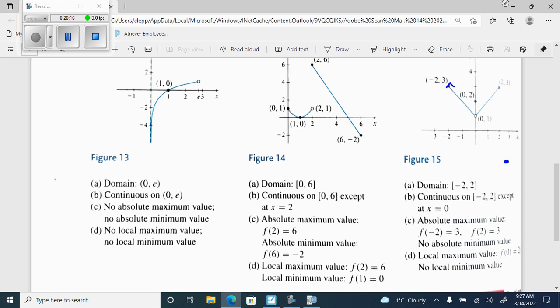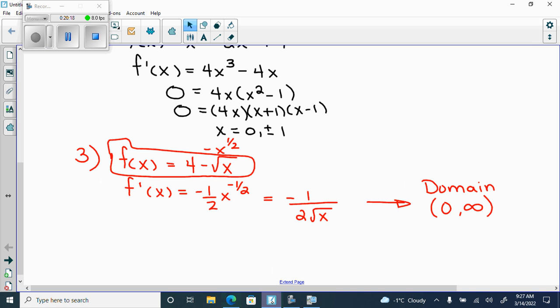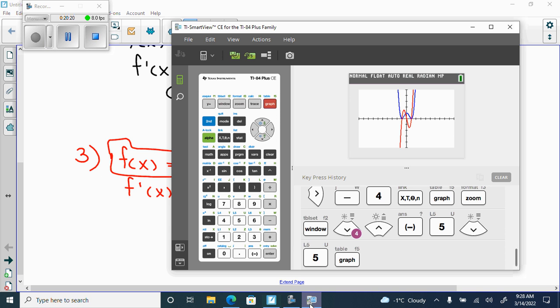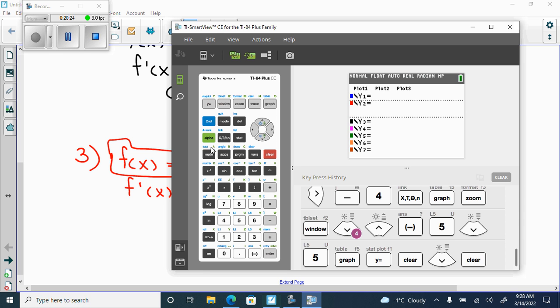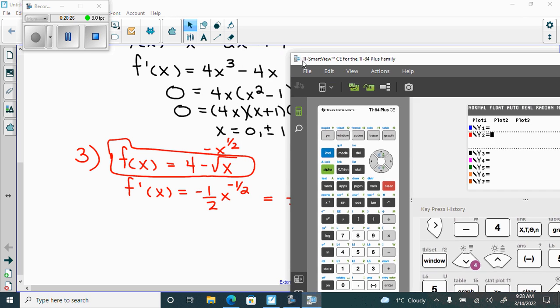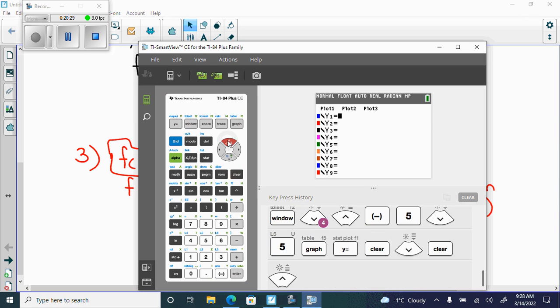Okay, so we'll go back to here. We type this one in. What was our original again? I can't remember. 4 minus root, so 4 minus square root x.